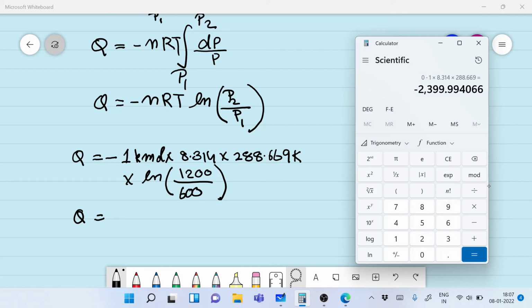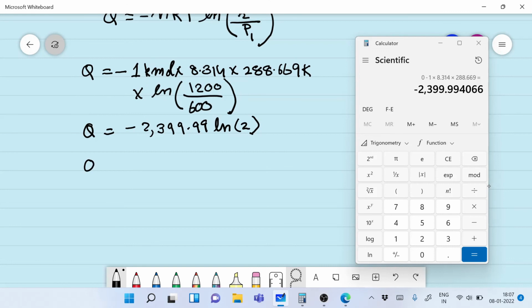So we get this as minus 2399.99 into ln of 2.